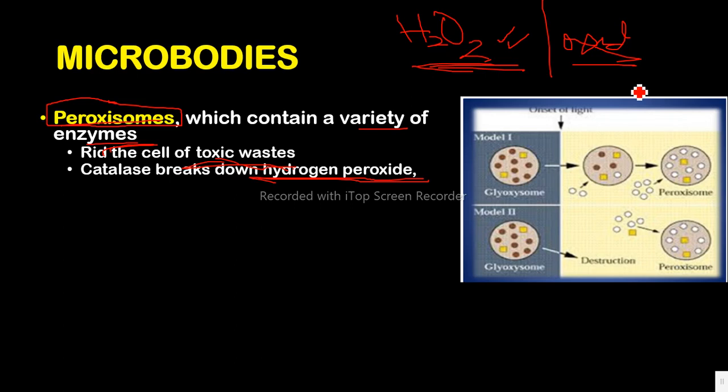You produce these peroxisomes that will have the enzymes, and which enzymes? The catalase enzymes, which will always break it down.